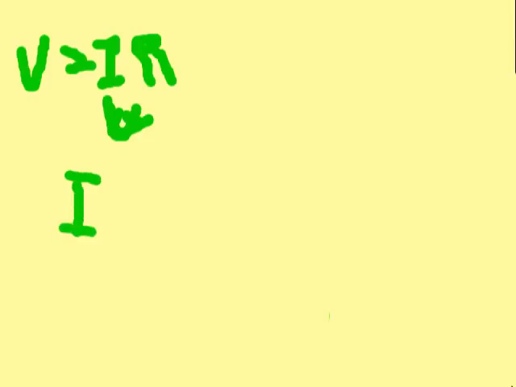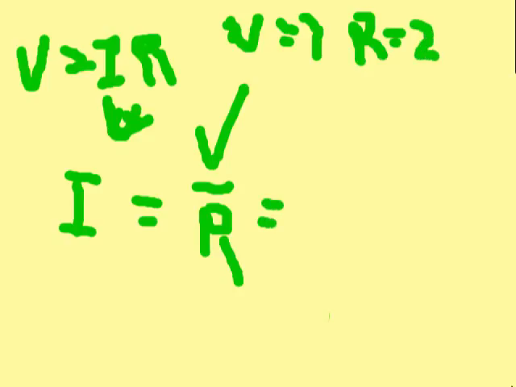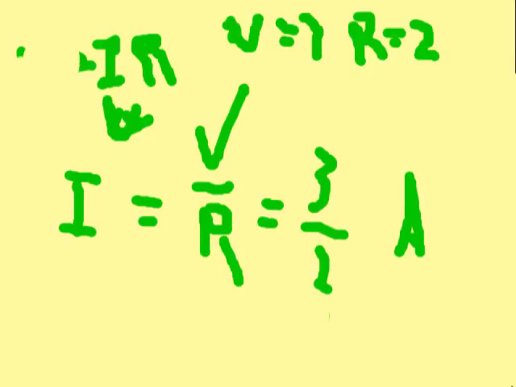Well, we would just solve for I in this instance, I equals V over R. Here V equals 3 and R equals 2. So it just equals 3 over 2 amps, of course. Sorry, that was really badly drawn. I need more practice with this.